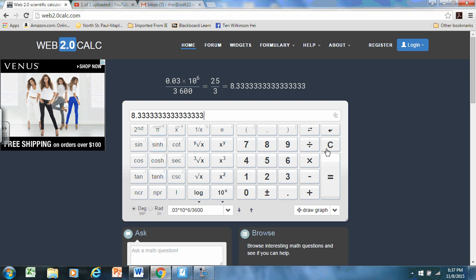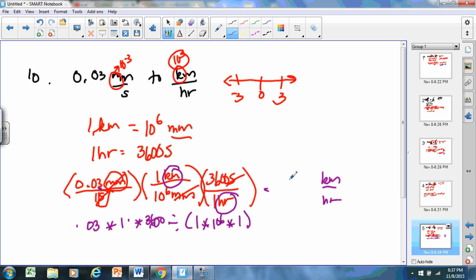All right, so let's hit clear. So we're going to go 0.03 times 3,600 divided by 10 caret 6. And you get this. 0.000108. Yeah, that's what I remember. But this number has 1 sig fig.